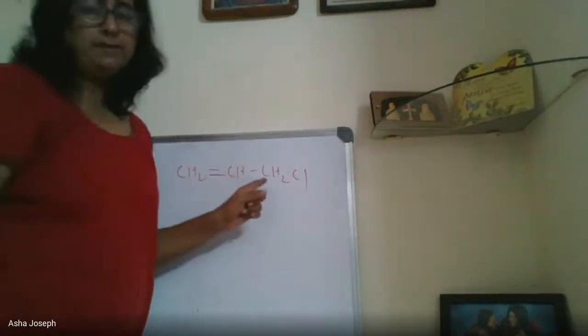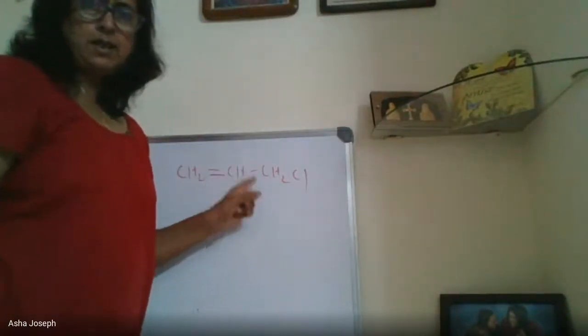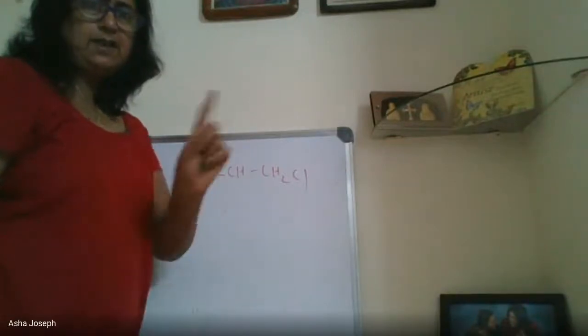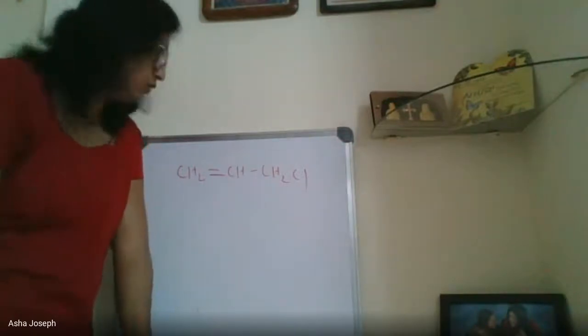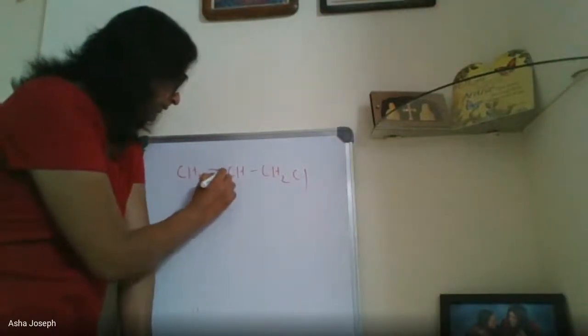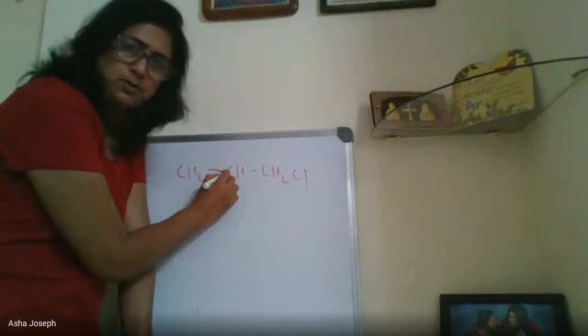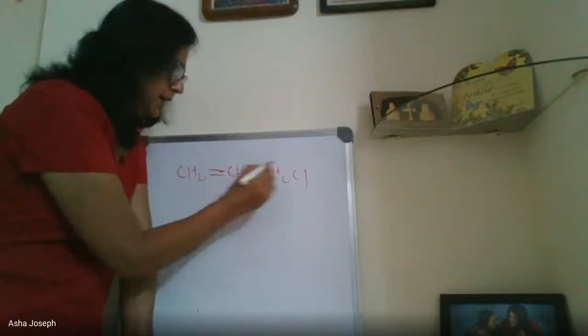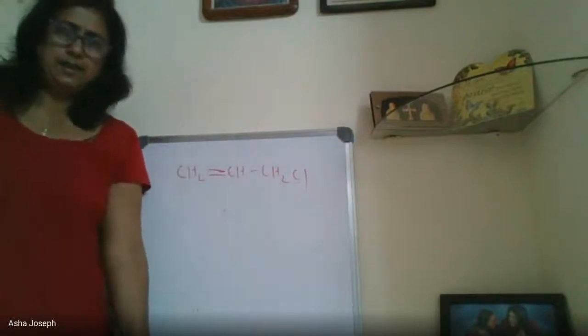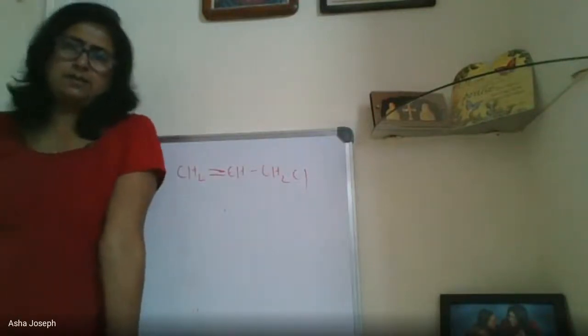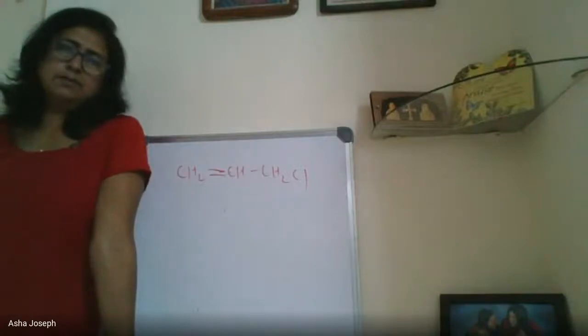How to identify? You will see the carbon containing the double bond, and the halogen will be next to the carbon containing the double bond. Then it is an allylic halide. Understood?